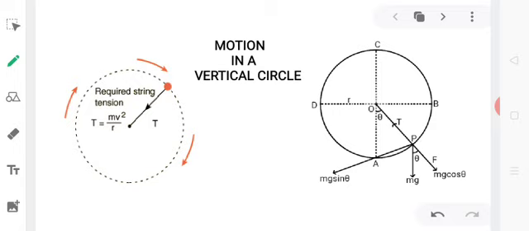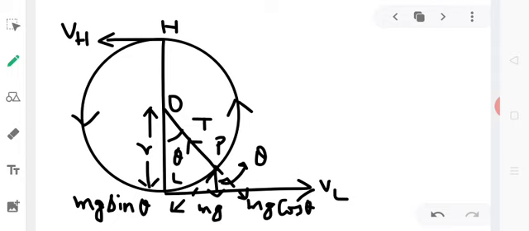To understand the dynamics of non-uniform circular motion, let us consider the motion of a small body tied to one end of a string and whirled in a vertical circle. At any time, let the body be at P at angular position theta, as you can see in the picture.